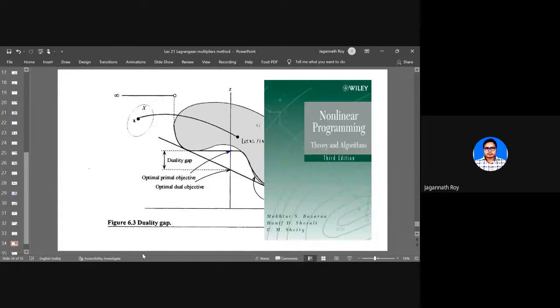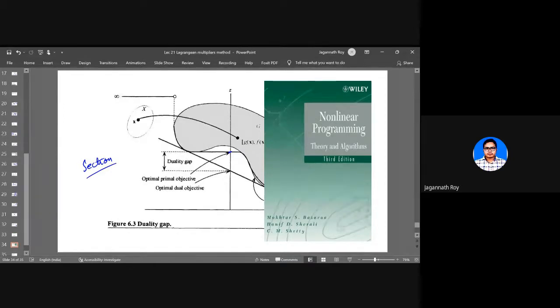So, section 6.2, Example 6.2, page number 264.